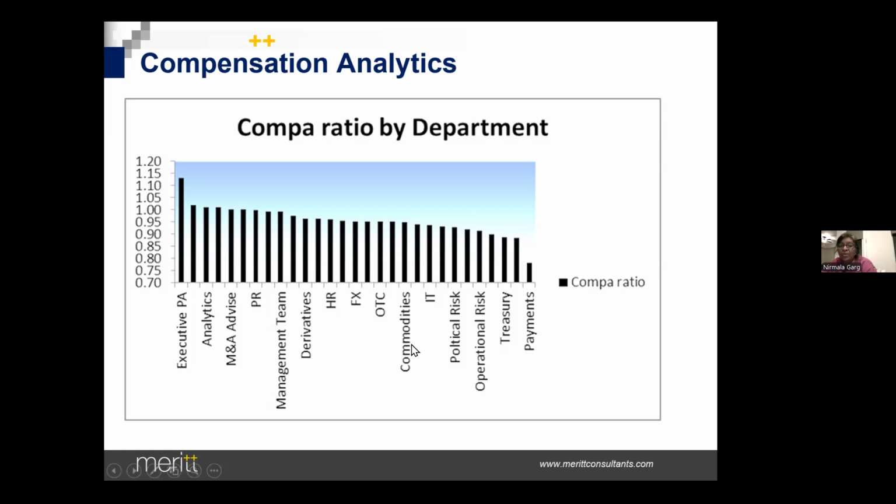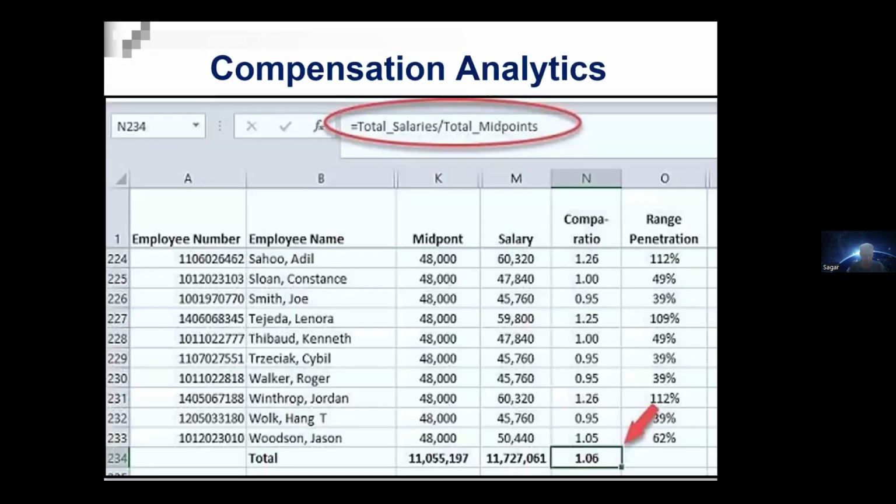So that's why it's very, very important to calculate every function's comp ratio. Organizations calculate that. How will you do it for a function? Take the entire salary, look at the midpoint, calculate them, then do the average.